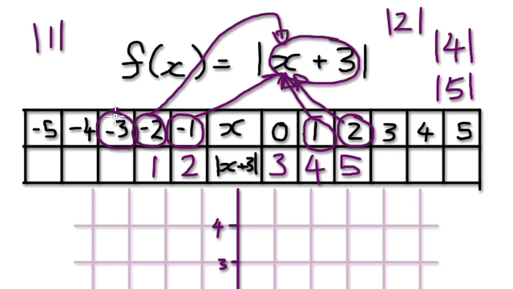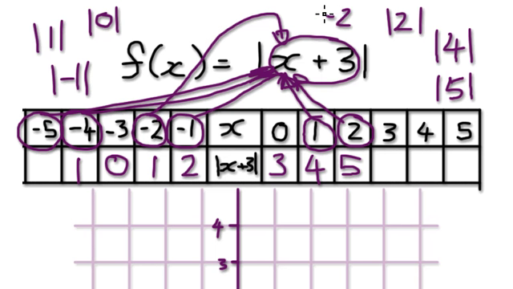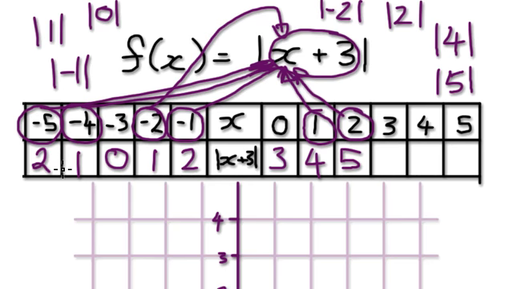Now put -3 into here. -3 plus 3, that's 0. So what's the absolute value of 0? Which is 0. Now put -4 into this thing here. -4 plus 3, that's -1. So the absolute value of -1 is 1. Okay, -5, put it into the x here. -5 plus 3, that would be -2. What's the absolute value of -2? It's 2.